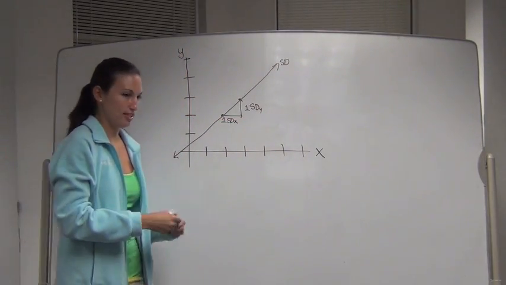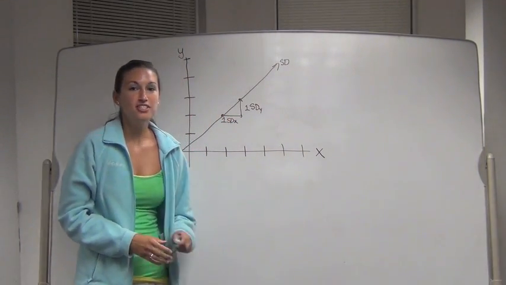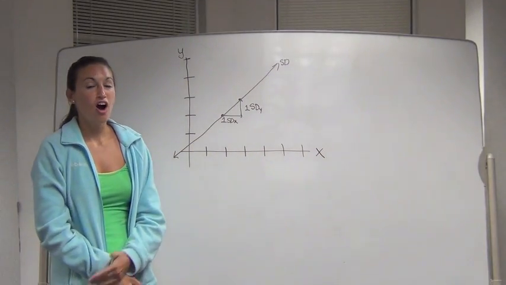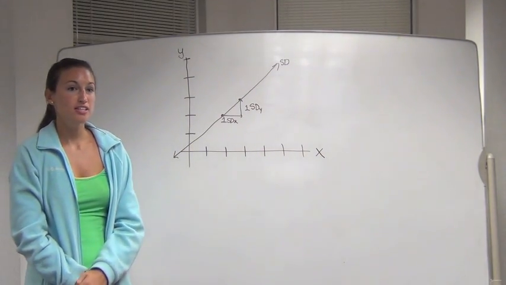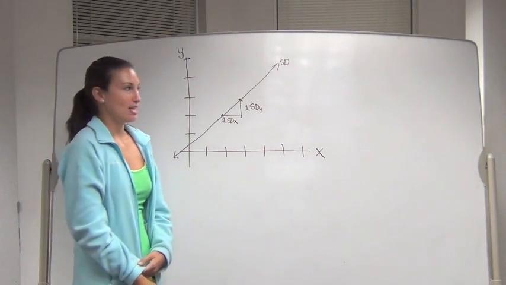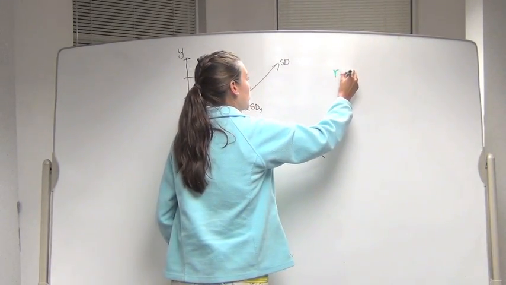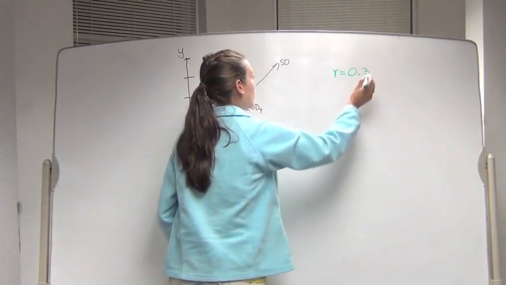Now the regression line, remember, doesn't have that perfect correlation. Our R is not equal to 1. So let's do an example where our correlation coefficient is equal to 0.3.